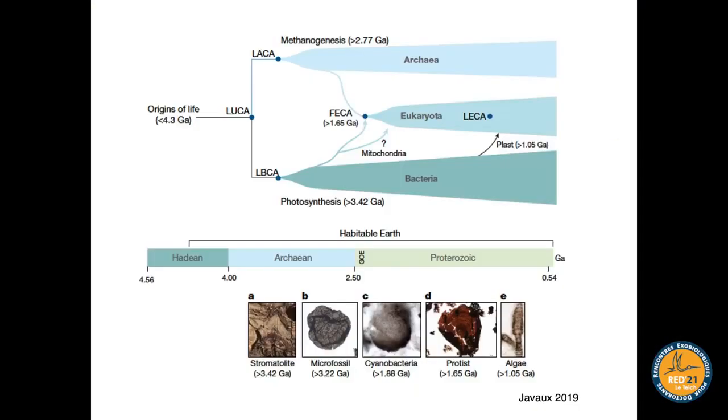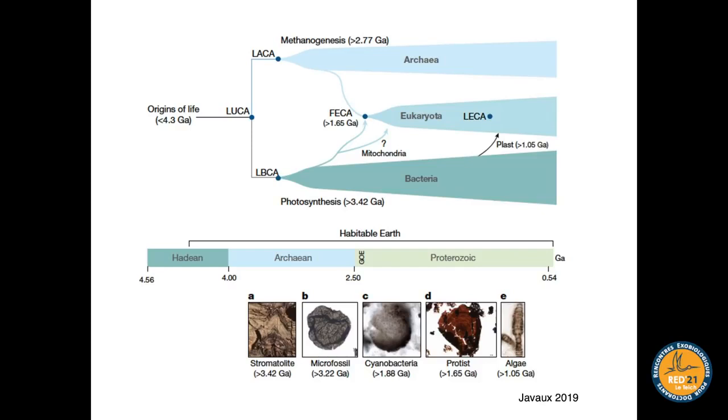And so we have this stromatolite at 3.4 billion years old. We have some microfossils at 3.2 billion years old. We have cyanobacteria evidence of around 1.9 billion years old, and protists and algae almost at 1 billion years old.